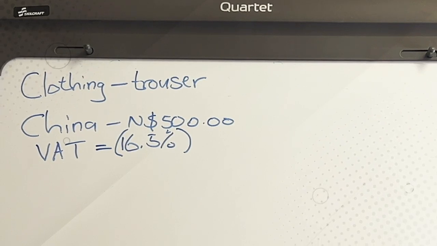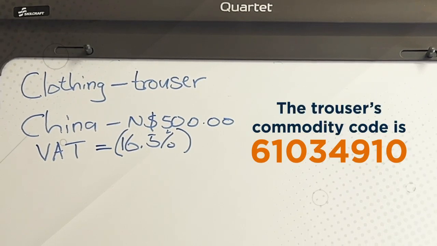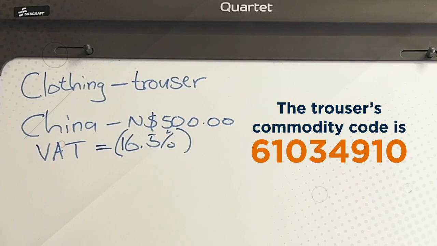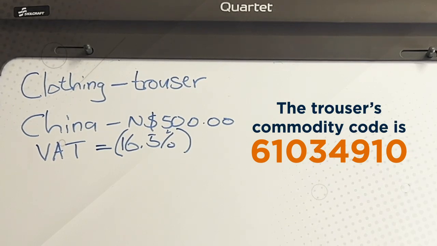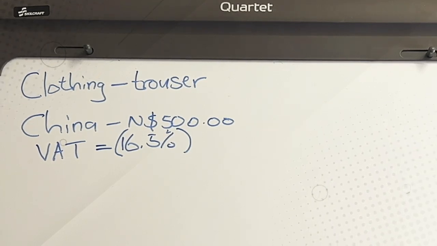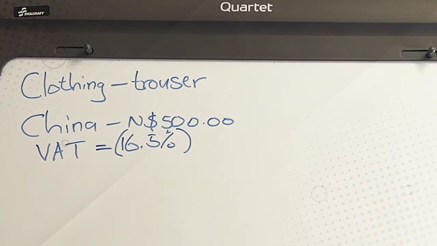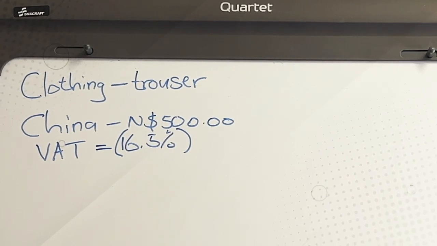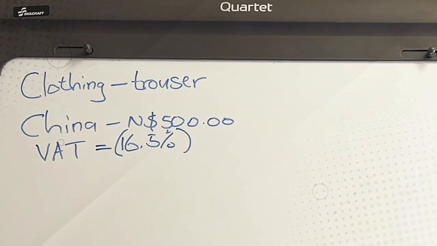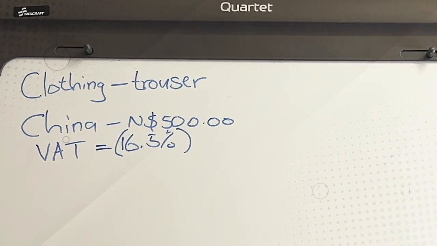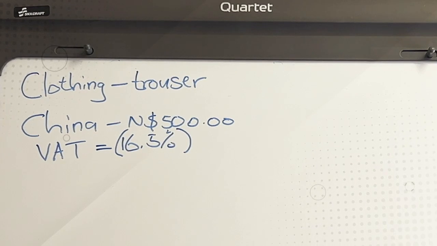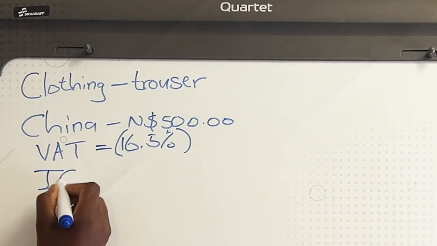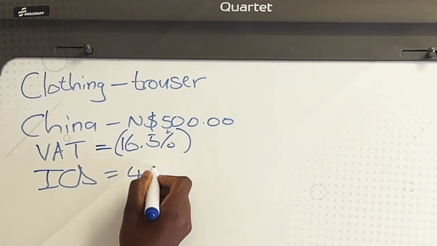In this case, the trouser's commodity code is 61034910, and in relation to where it is arriving from, in this case China, China attracts 45% customs duty. So in this case, the customs duty will be 45%.